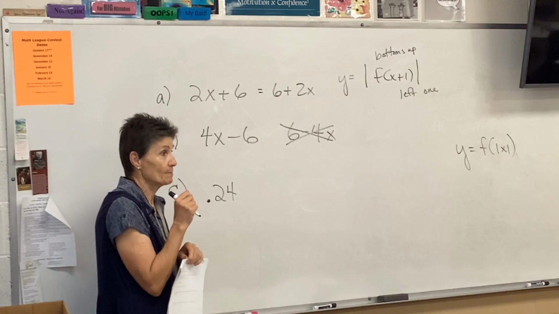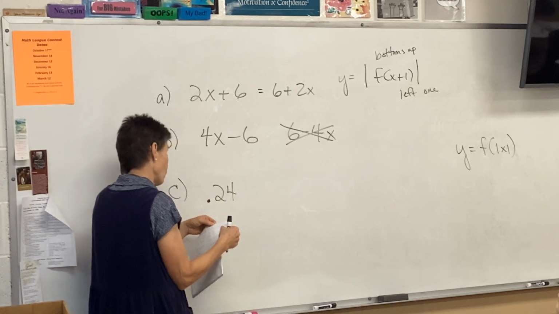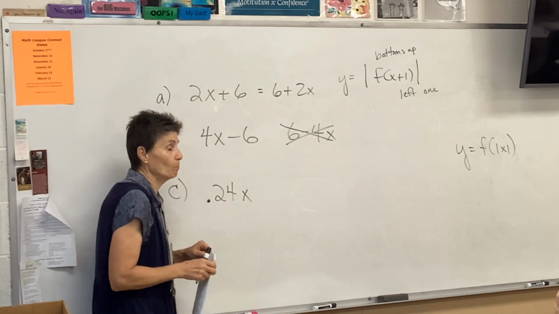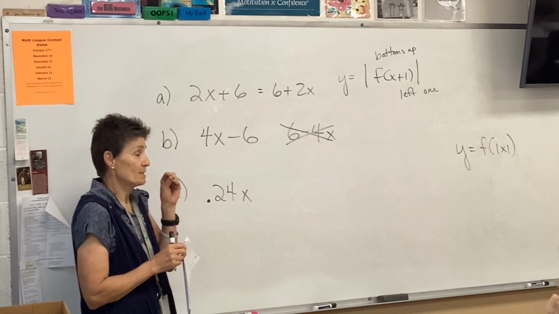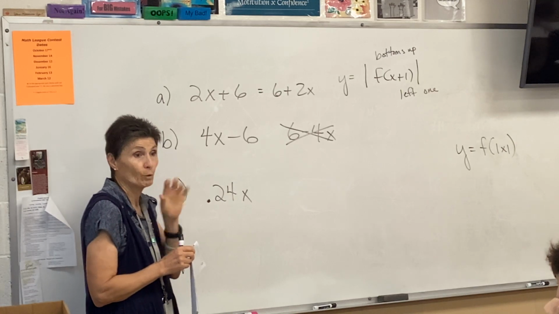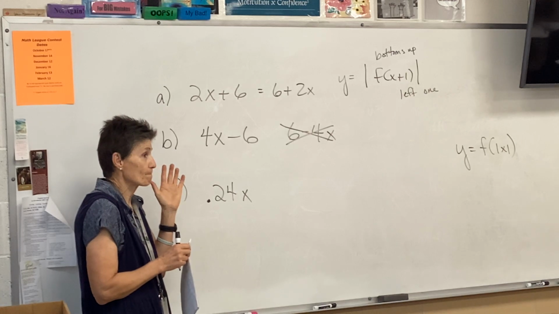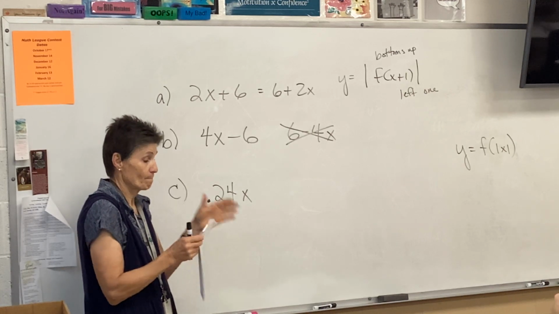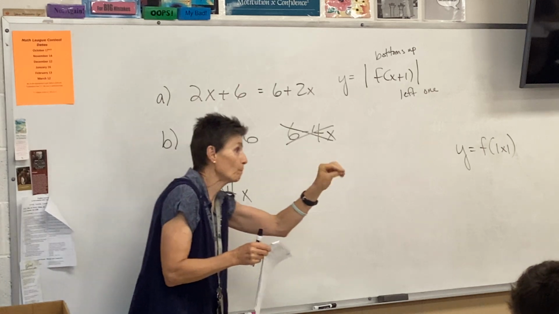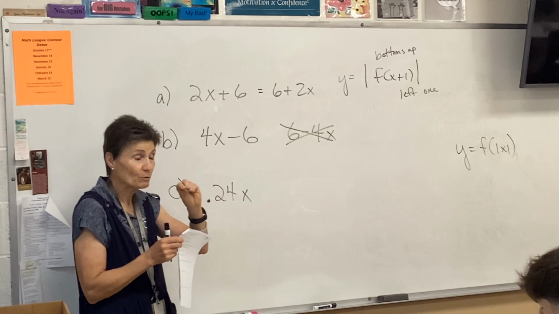Times. When we say 24% of something, we mean 0.24 times a number. So 0.24x is 24% of a number. 0.24n, 0.24y, doesn't matter. All of our percents, when it says 24%, we're going to put into the problem as a decimal, 0.24.